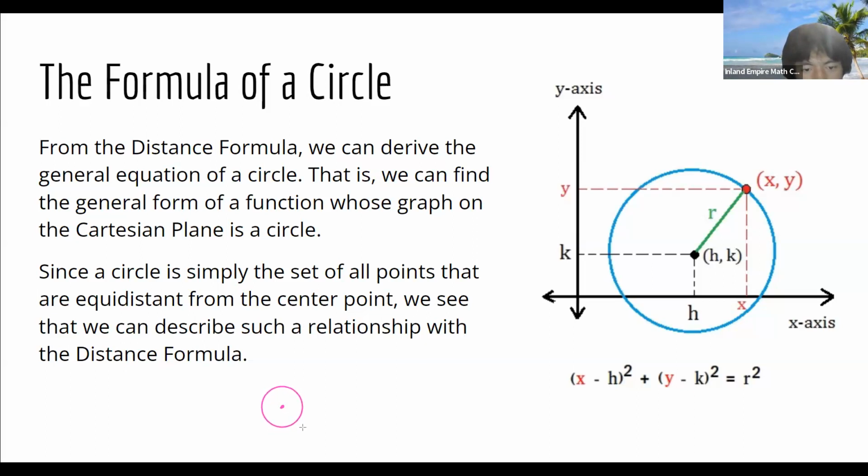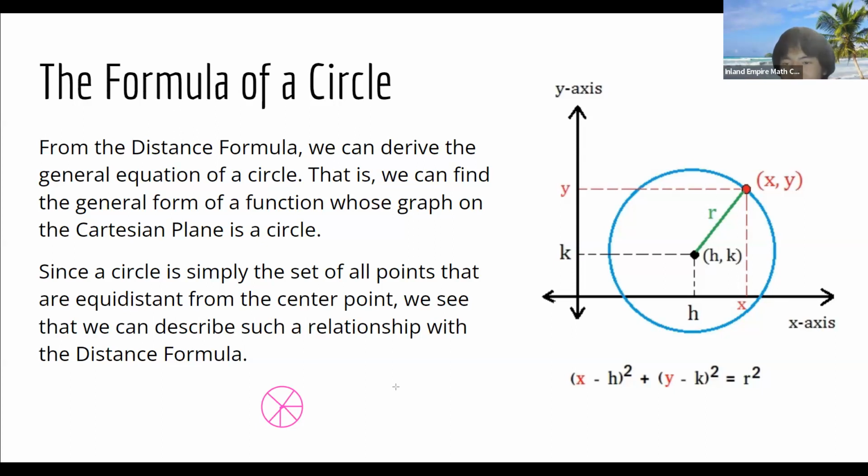For example, every point on this circle, literally every point, would have the same distance as all the other points from the center. So all of these little line segments I drew would have the same exact length, and that's known as the radius, right?